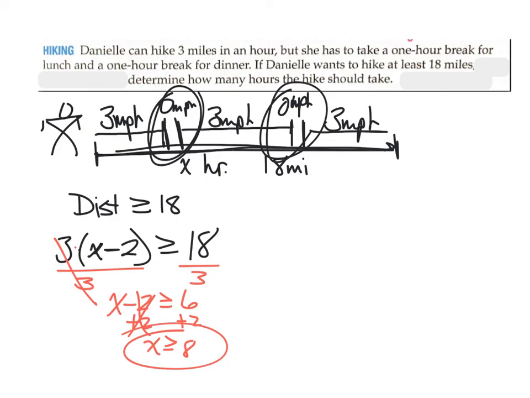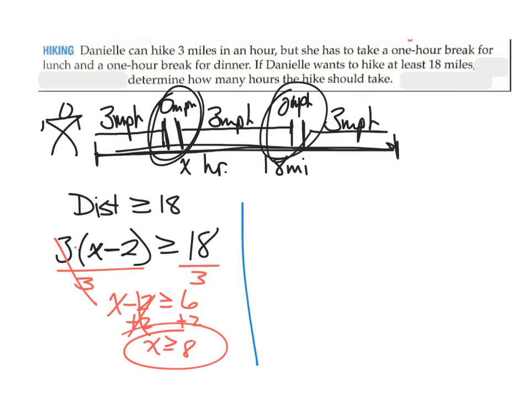Now, remember, this is a word problem, and in word problems, numbers aren't numbers, they're measurements. So x greater than or equal to 8 does not actually answer the question. To answer the question, actually go back and read the last statement in the problem. It says, if Danielle wants to hike at least 18 miles, determine how many hours the hike should take. So look at your answer. We've got x is greater than or equal to 8.